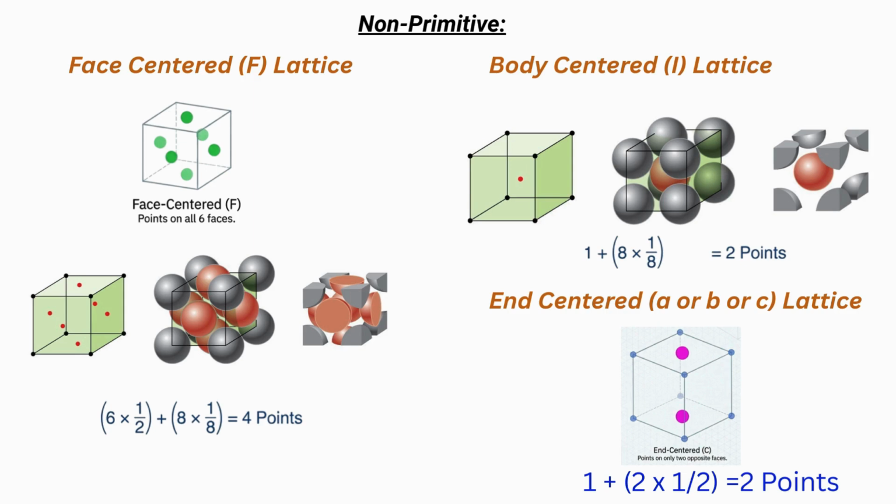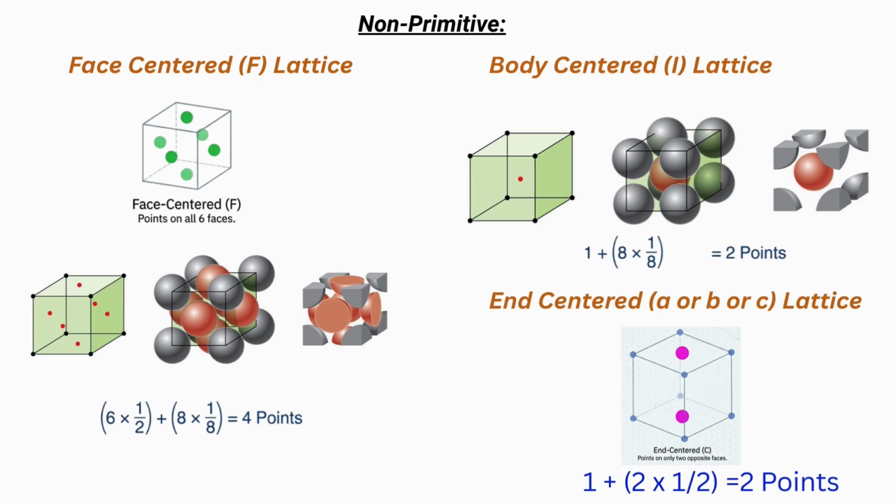The opposite faces may be A axis faces, B axis faces or C axis faces, so only one particular pair of opposite faces contains the points. The other two will be devoid of any points. This is a major difference between face center and end center.